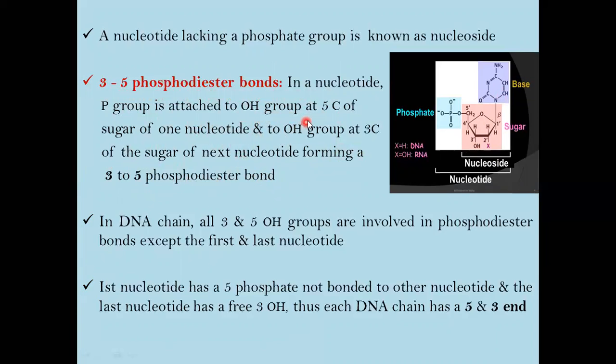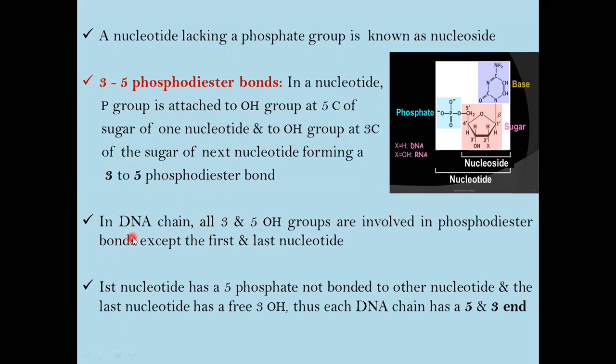So we discussed earlier that phosphate is attached to the OH group present at 5 carbon of the sugar of one nucleotide, and then the OH group at carbon 3 of the next nucleotide sugar, forming a 3 to 5 phosphodiester bond.